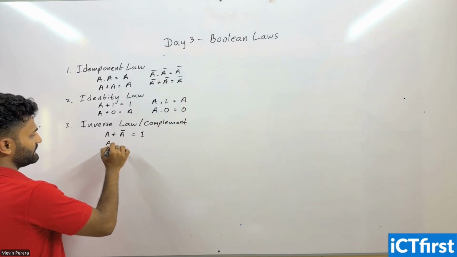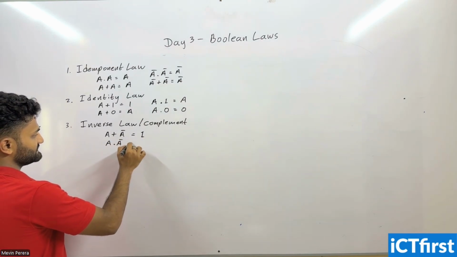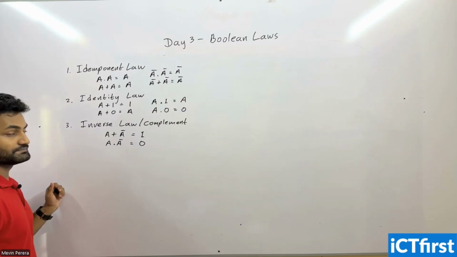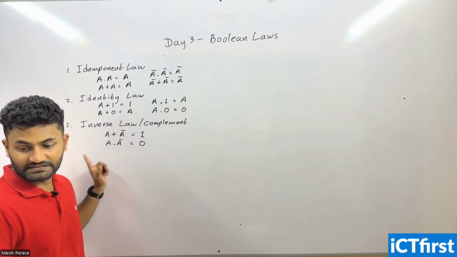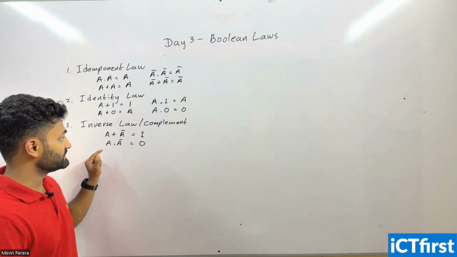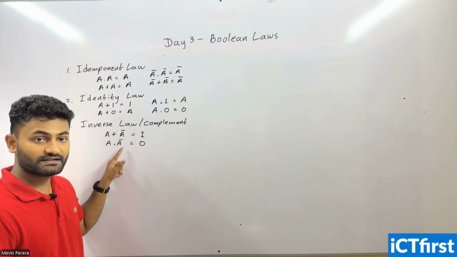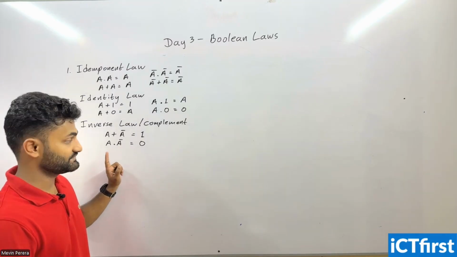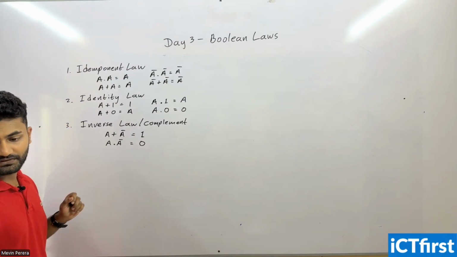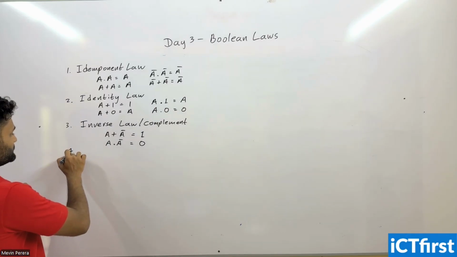Then A dot A bar is equal to 0. So this is what the law says. You can draw the logic gate and prove this as well.